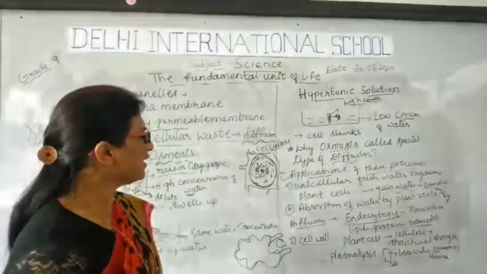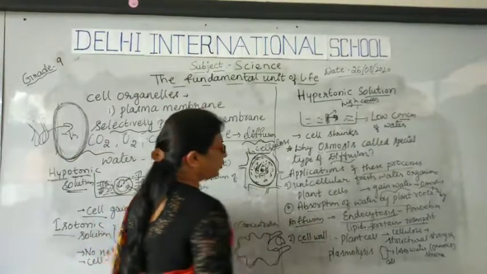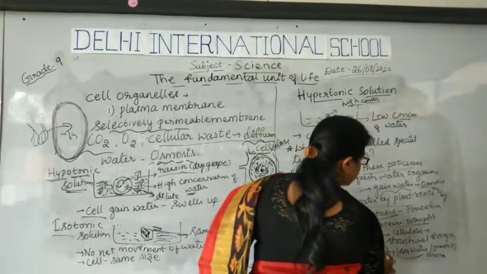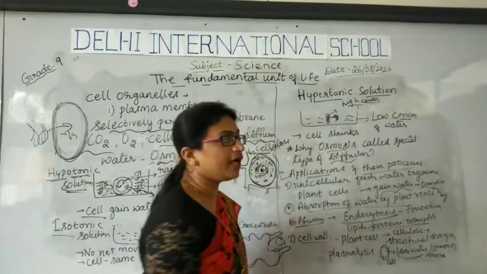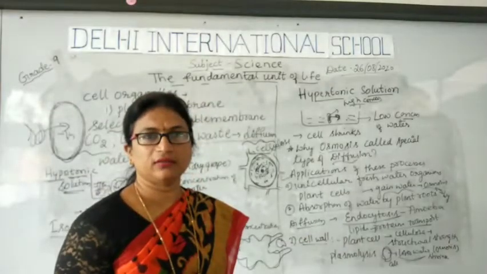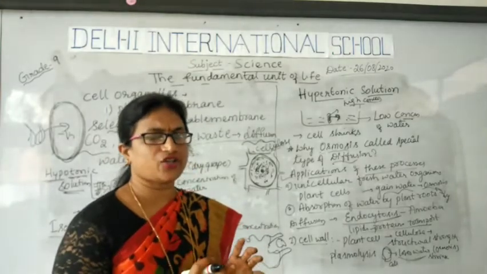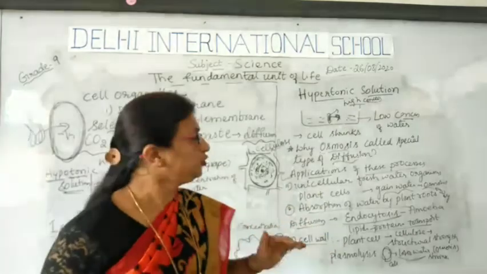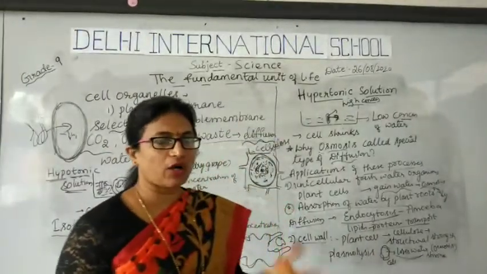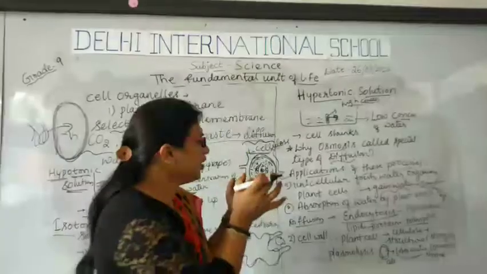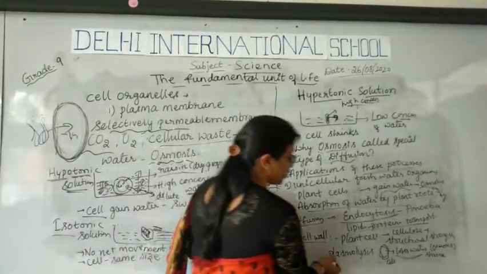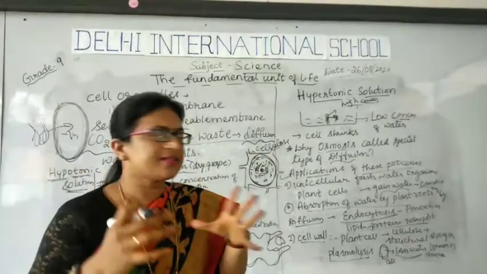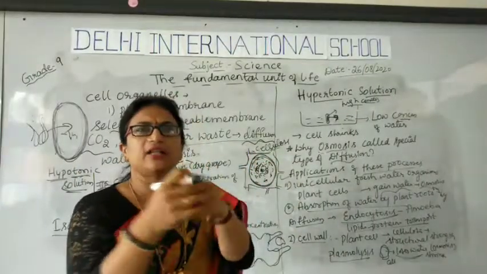When the animal cell or plant cell undergoes the osmosis process, for example, if the concentration of water is high inside the cell when compared to the outside, it loses water. It gets shrunken and all the cell contents are contracted and the cell dies.